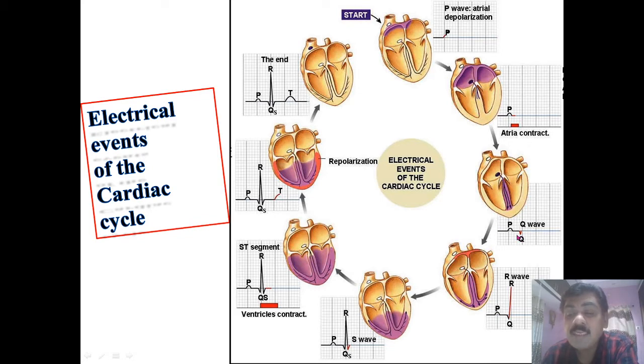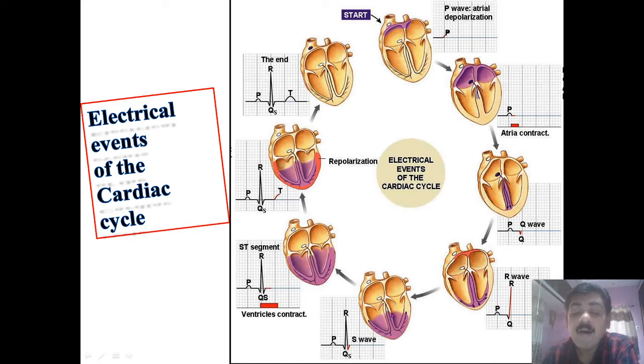This Q wave is somewhat a downward deflection, and during that, the ventricular contraction starts, and this is in a downward direction. And when it passes towards the Purkinje fibers, then the upward deflection occurs, and that is called the R wave.